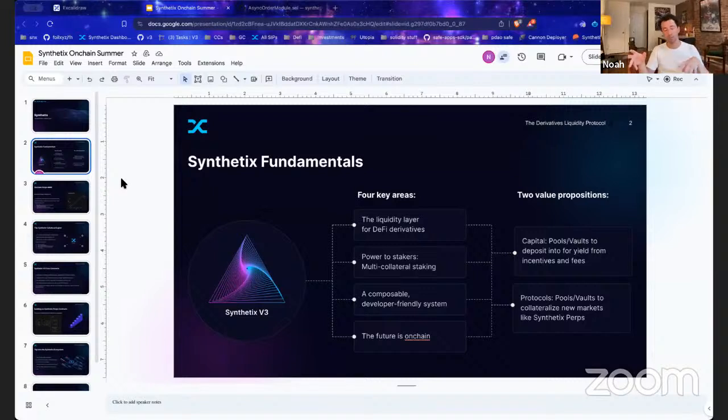The second main piece of functionality is the ability to provide liquidity to derivatives markets. This is similar to liquidity provisioning on Uniswap or other AMMs, where the deposited collateral can either back this loan of stablecoins or can also back these derivatives markets.